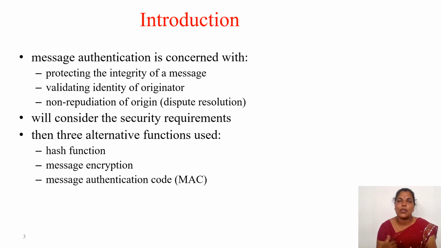That hash value is also used to verify the integrity of the message. We have studied a famous algorithm, SHA, the secure hash algorithm, for the hash function. Then coming to message encryption, many techniques we have learned. Mainly message encryption provides confidentiality.